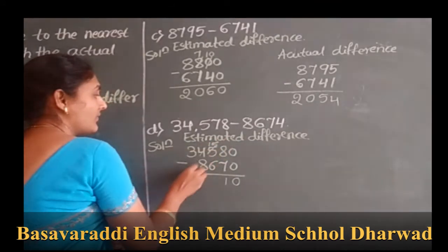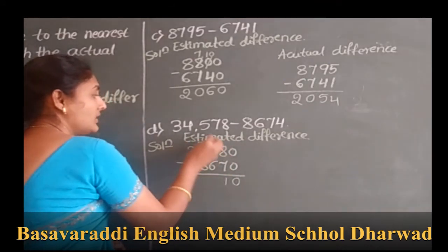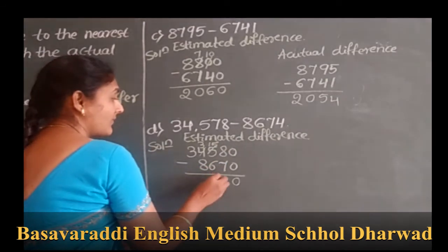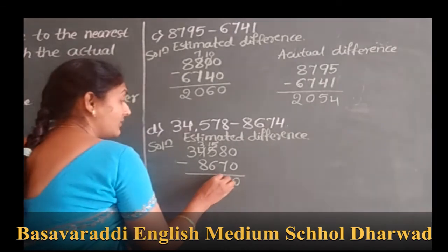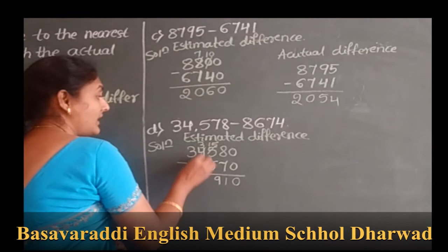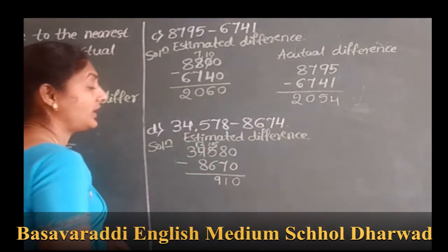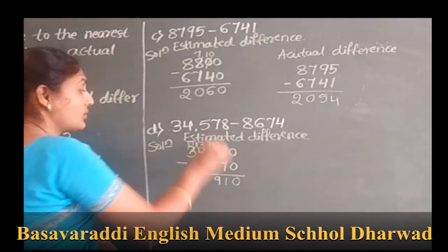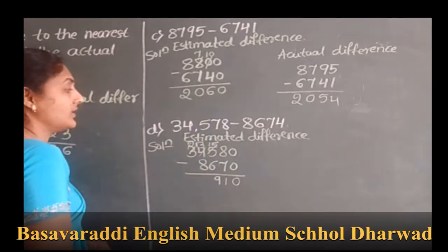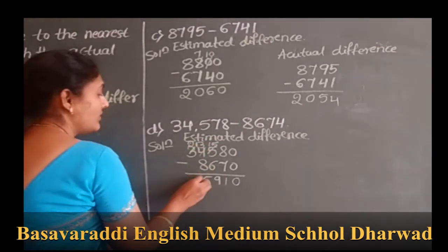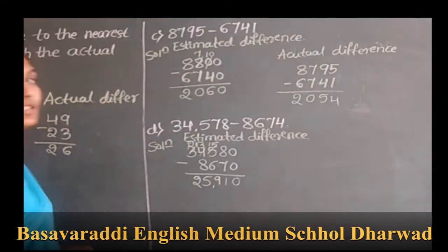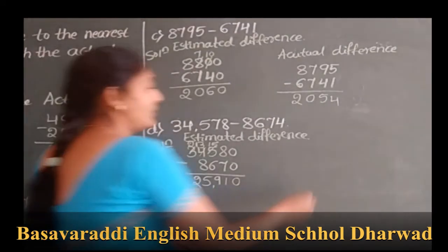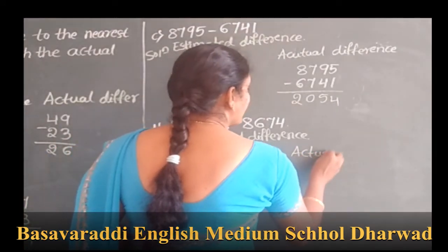It becomes 15, and the thousands place decreases by 1. 15 minus 6 is 9. 3 minus 8 is not possible, so we regroup the ten-thousands and thousands place. It becomes 13, and the ten-thousands place decreases by 1 and becomes 2. 13 minus 8 is 5. The 2 stays as it is. That is 25,910. This is the estimated difference. Now let us find the actual difference.